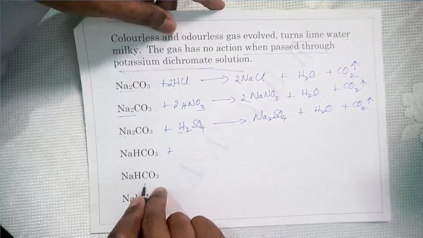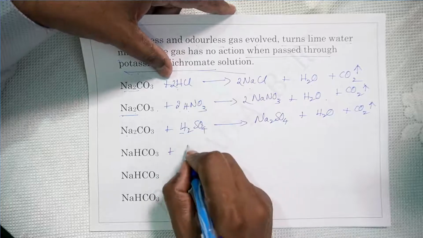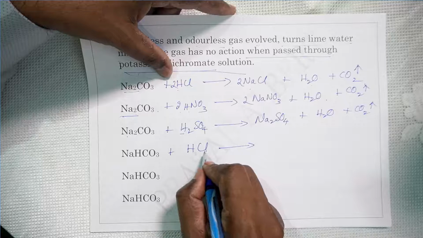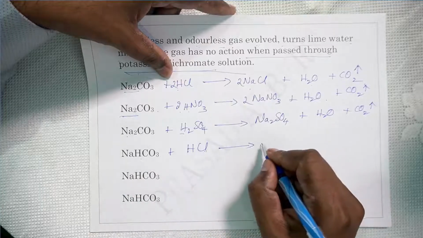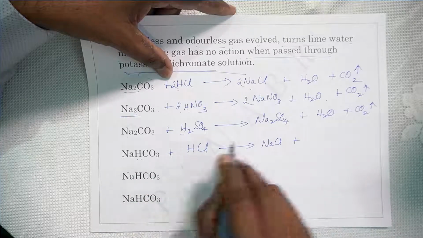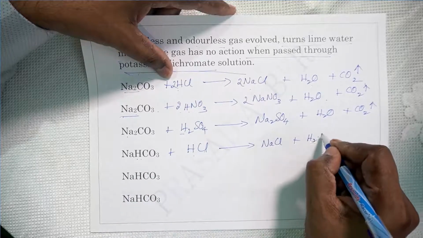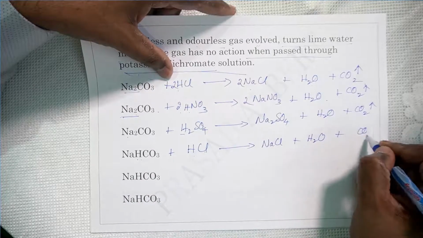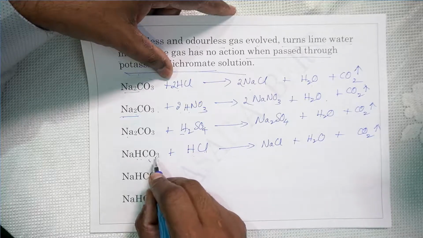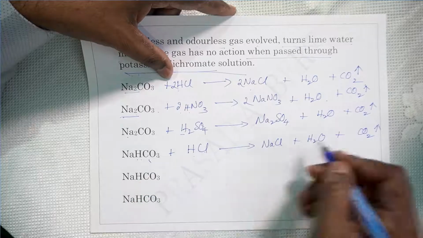NaHCO3, sodium bicarbonate, hydrogen carbonate, is taken. Now let us take hydrochloric acid, HCl. Now one sodium, so one chlorine. Okay, so you can write NaCl straight away, plus one hydrogen here and one hydrogen here. So two hydrogens, H2O plus CO2. CO3 splits as H2O, oxygen for the water, and CO2.